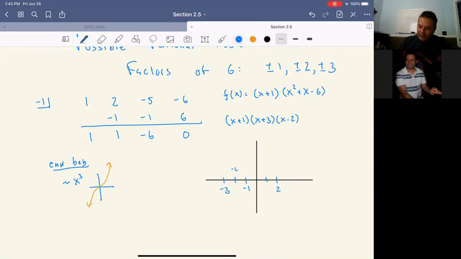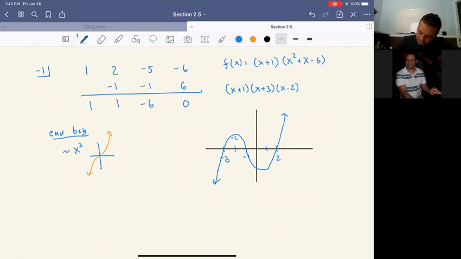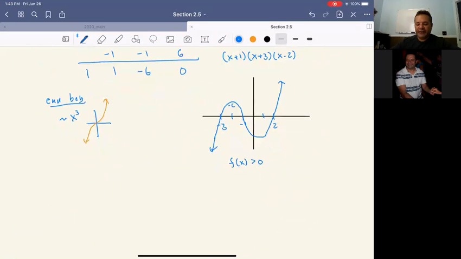Okay. All of these are degree 1, so it's going to cross at every 0. Okay. So that's why this one doesn't really need too much work as far as sign charts go. Okay, but if you want to do the sign chart just to double check, that's fine. And we were asked, when is this strictly greater than 0?